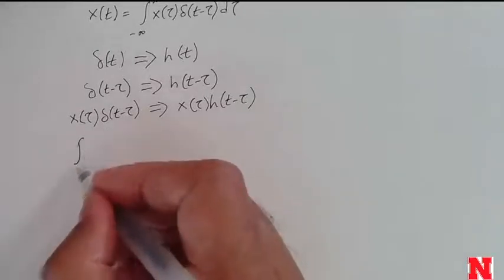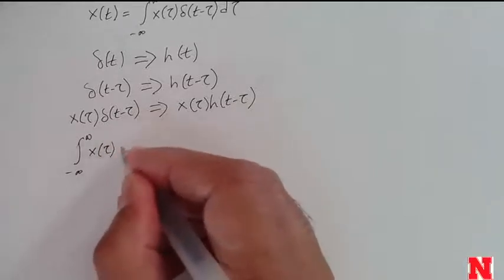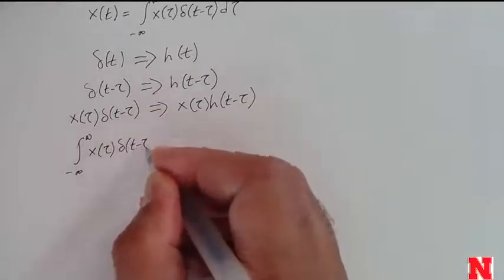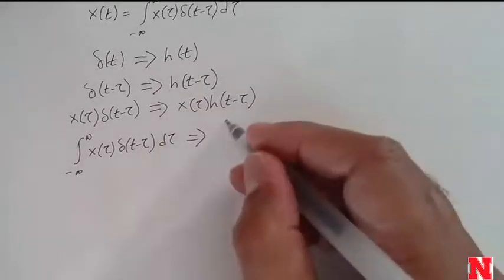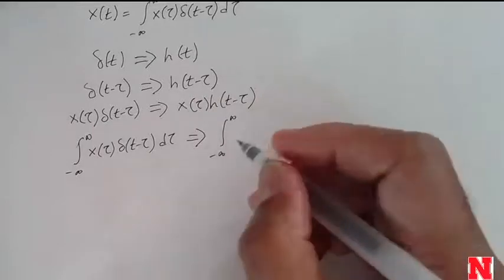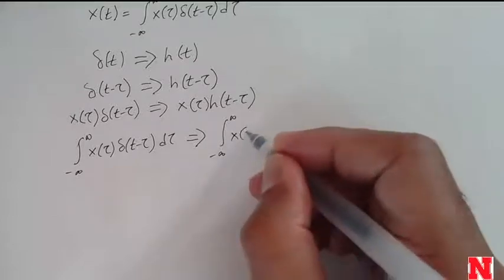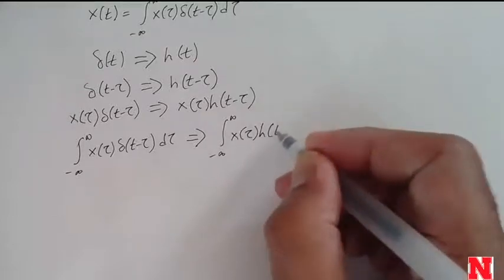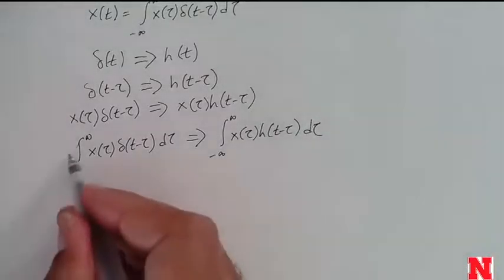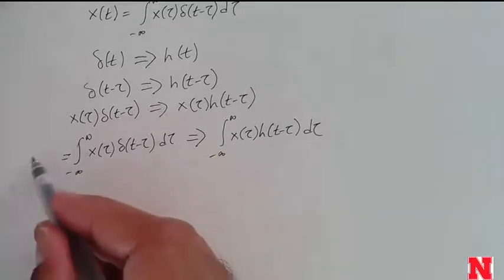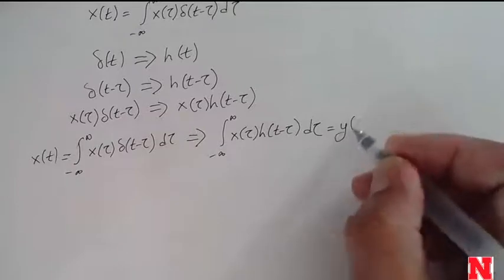So if I take the integral from minus infinity to infinity of x of tau, delta of t minus tau, d tau, then that gives me an output of the integral from minus infinity to infinity of x of tau, h of t minus tau, d tau. Right? And this, as we said earlier, is just the input, any generic input x of t. So this is a generic output y of t.